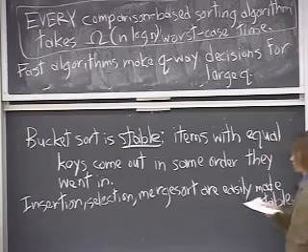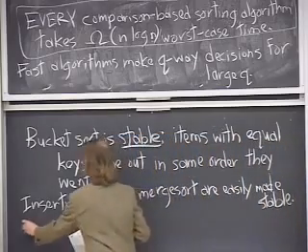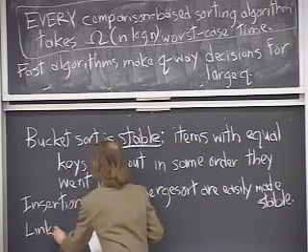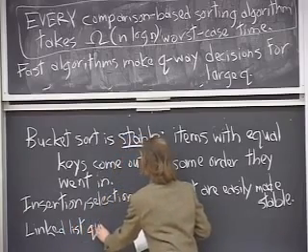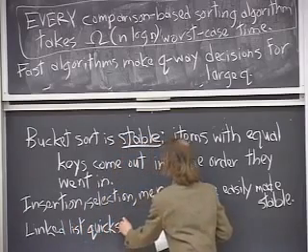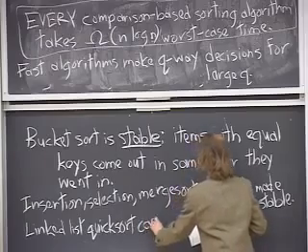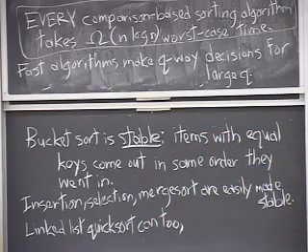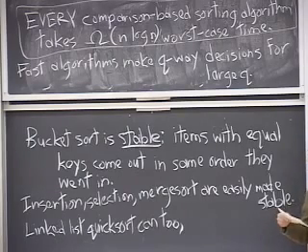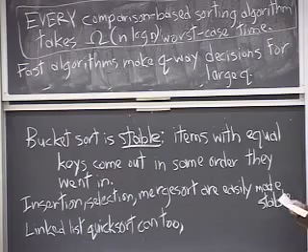Now, the linked list version of quicksort can be stable. But the array-based version of quicksort that we've seen is decidedly not stable because of the way it does the swapping of items across the middle of the array.